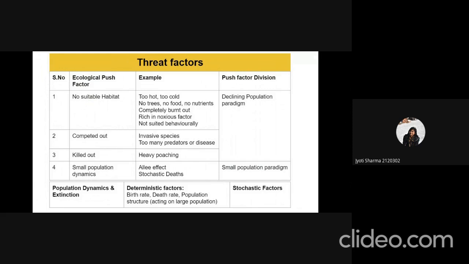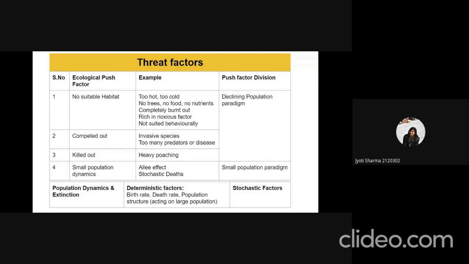Then if we have unfavorable habitat conditions, if we have competition, if heavy poaching is there, there may be conditions where the species or the population declines.